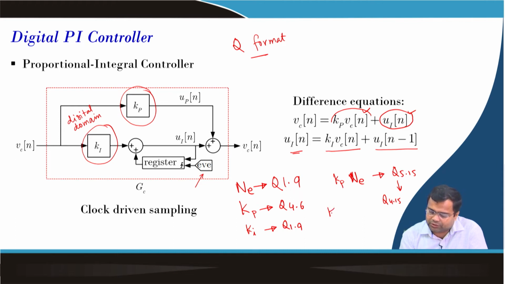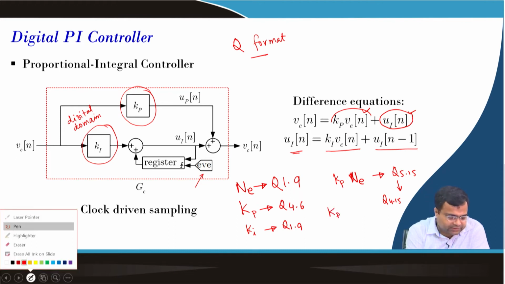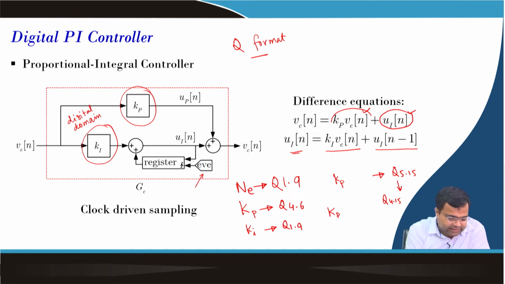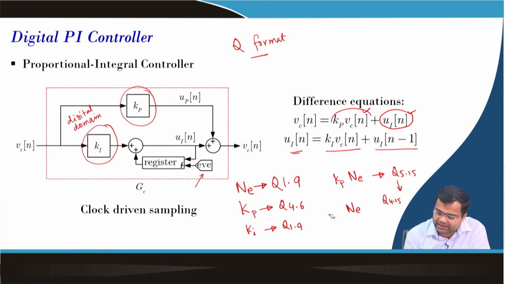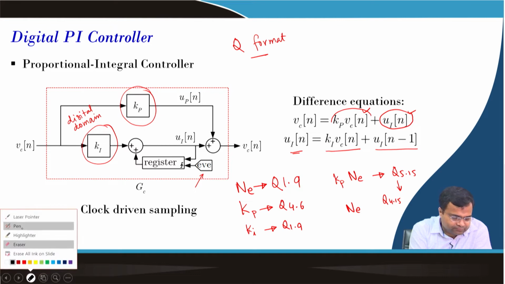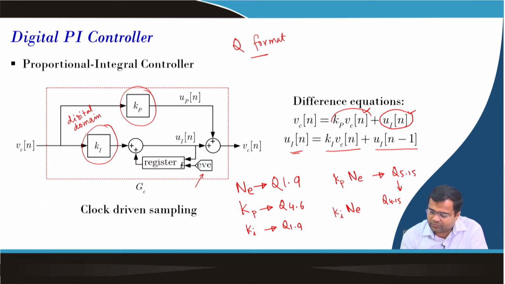Then we also know Ki, so this I think better I should write NE into Ki. So, this will be in which format? Q2.18, which can be scaled to Q1.18 by dropping 1 MSB.